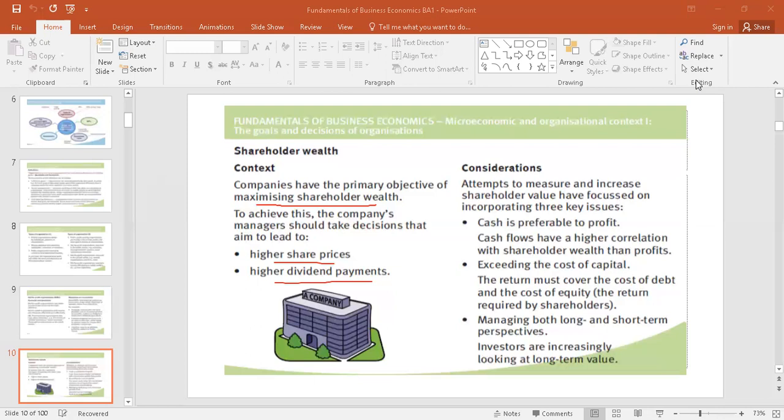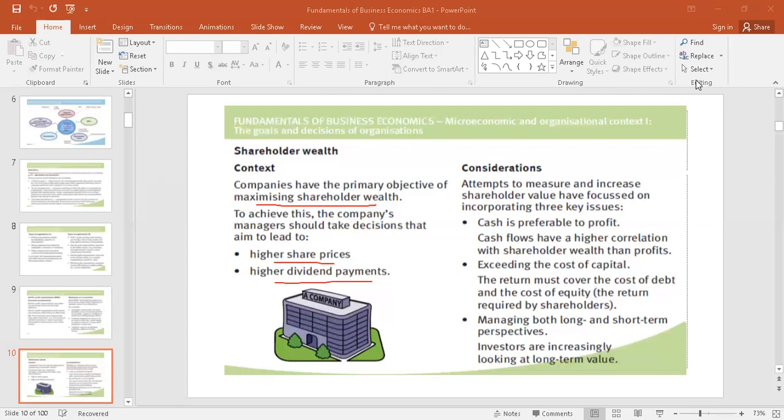So here two aspects are important: the share prices should be higher, because when the demand is high, the share prices would be high. When would the demand be high? When the present shareholders are satisfied with them, the company is performing very well, and the company's profitability position is very good, then the demand would be high.